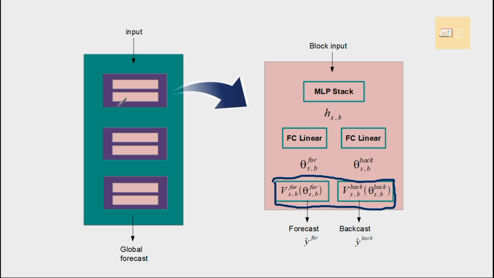This is just for an illustration, but let's say that we have two blocks in each stack. The activation function used in blocks within a stack has to be the same. And so if we say that the basis function for this particular block is a trend basis function, then we can say that the whole stack is called the trend stack.